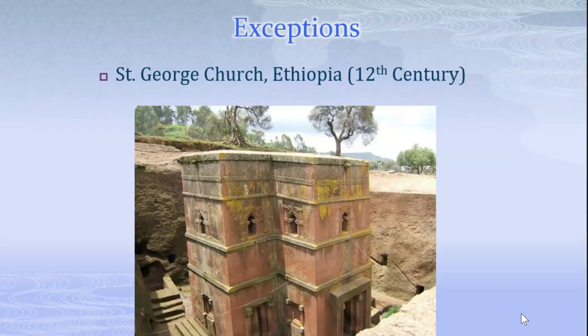Now, there are some exceptions to this whole big idea of the building representing the city of God, and these are my favorite examples. The rock churches of Ethiopia. There are several of these. This is St. George Church, and they are all carved into the landscape. And some people assume that it was so people wouldn't see them on the horizon and want to destroy them.